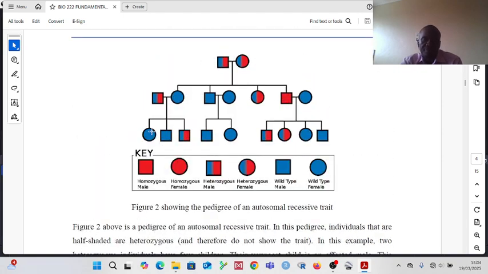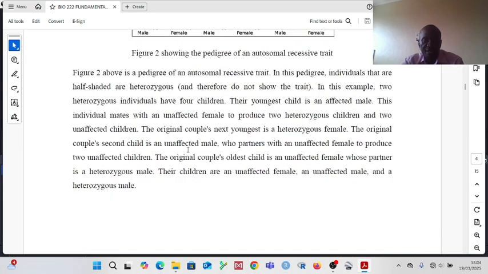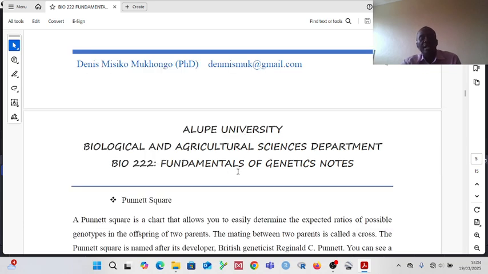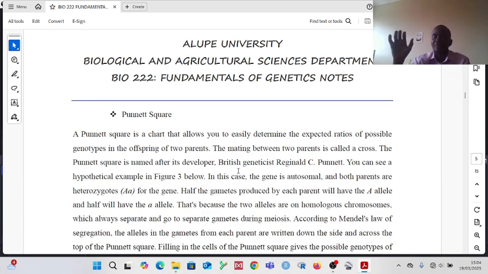Here they are. The first and the second are female, this is male. Both of them are not affected. The third one is a heterozygous male, and that is how that interpretation happened. So that is a pedigree.